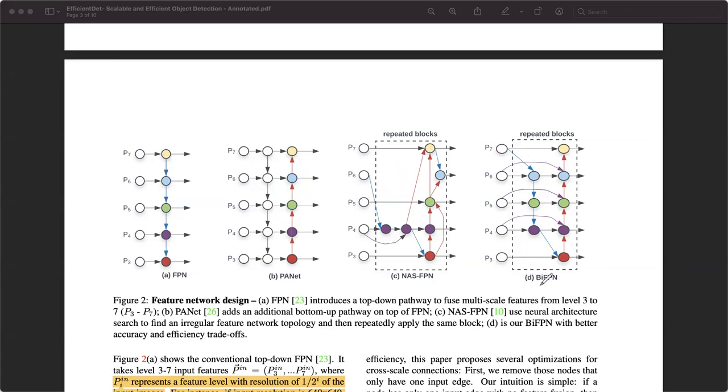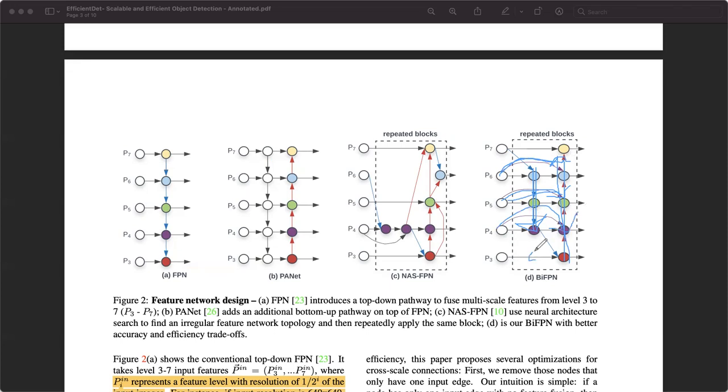What the authors propose is that in addition to top down and bottom up, they add one more path, which is in the same scale, so that they have this bidirectional feature aggregation fusion network.